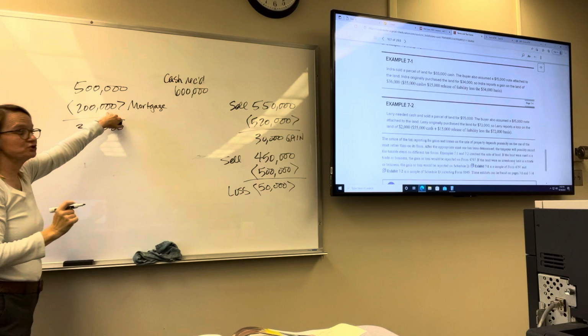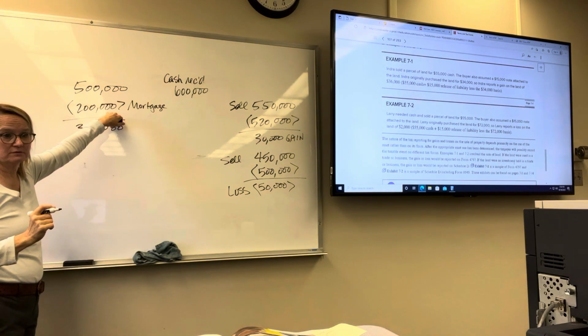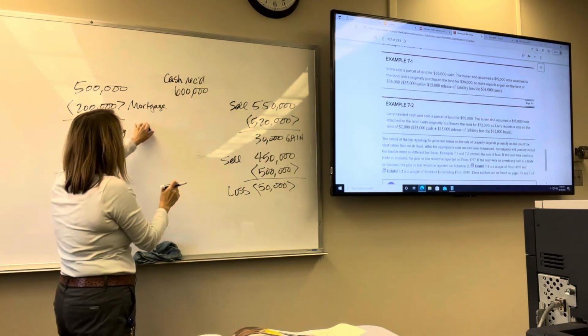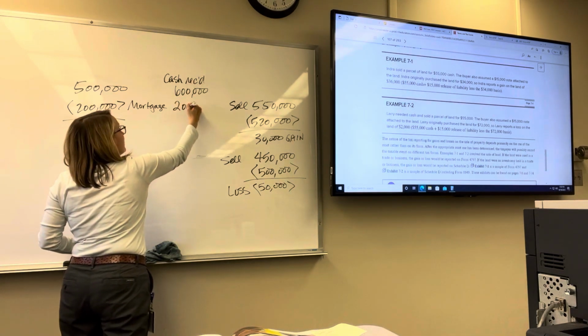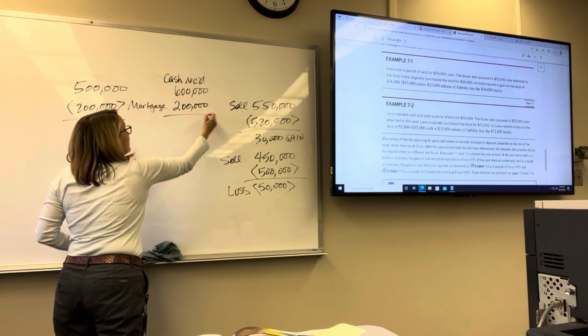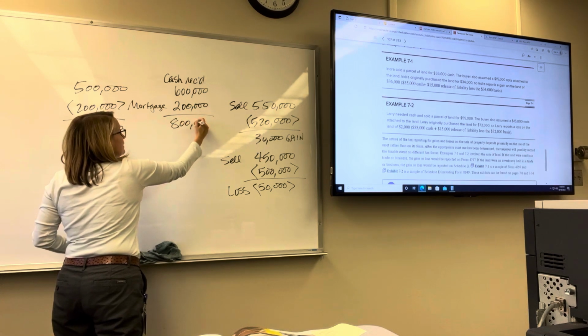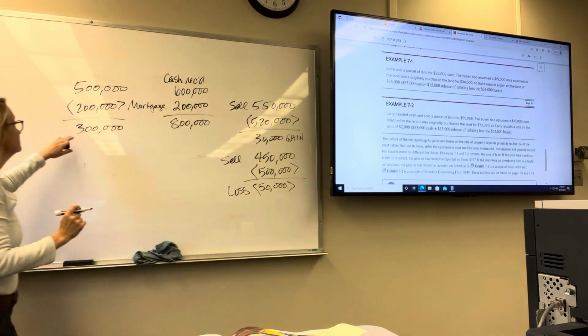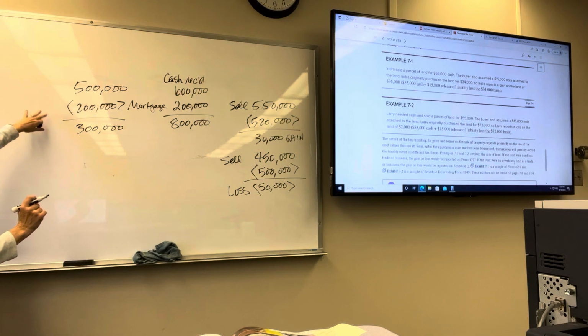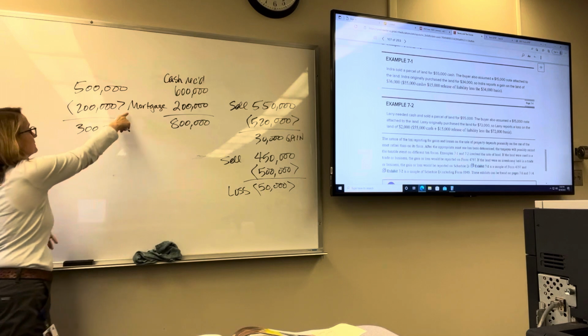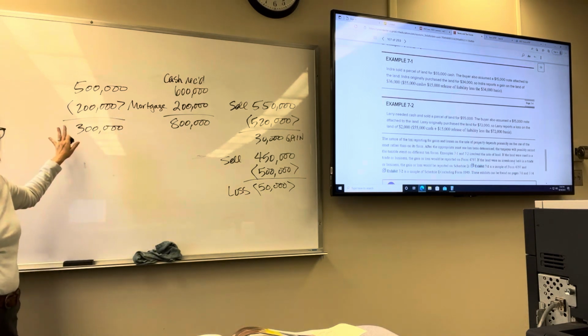We're going to add that $200,000 onto it for purposes of figuring out our gain or loss, because we're released from that liability. So now essentially what we got was $800,000. We'll say that our basis is the same as the mortgage.